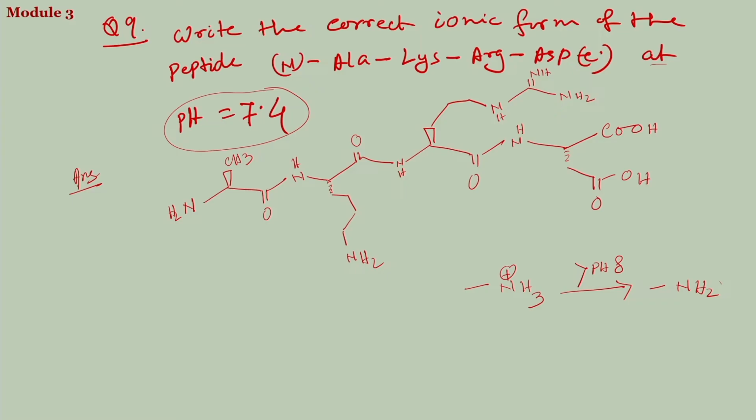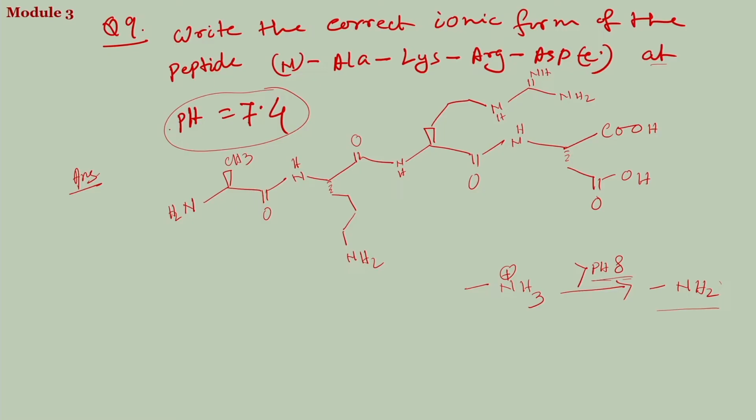If you look at the table you will see, but in general it is more than 8. So, if you want to get the deprotonated version, the pH of the solution has to be more than 8, and this will come to pure NH2, but below that pH this will always exist in the ionic form, NH3 plus, the protonated form.